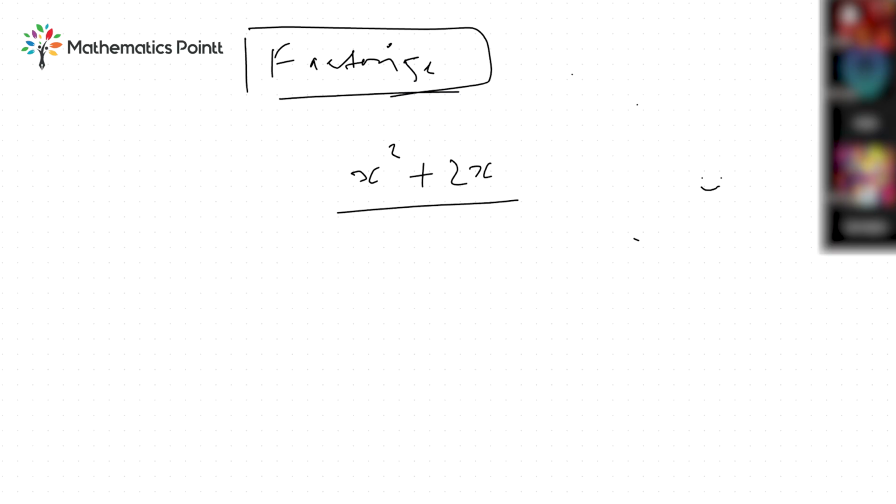Go for it. One answer from each one of you, not more, not less. All right, Tanshika says x into x plus 2. All right, keep moving.